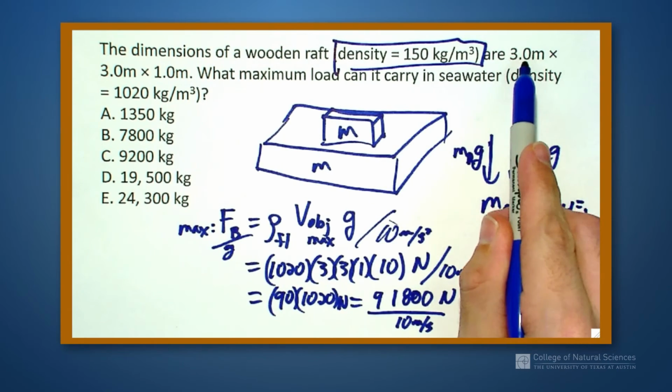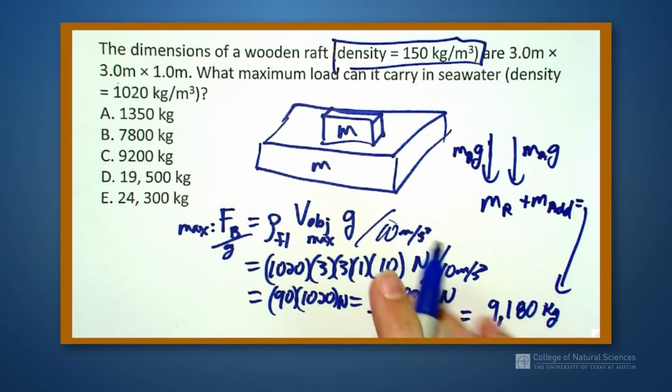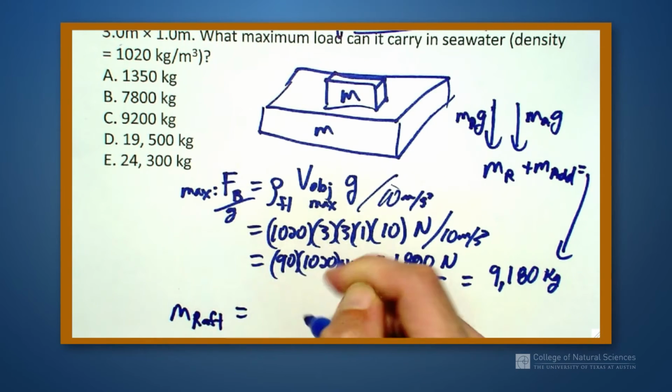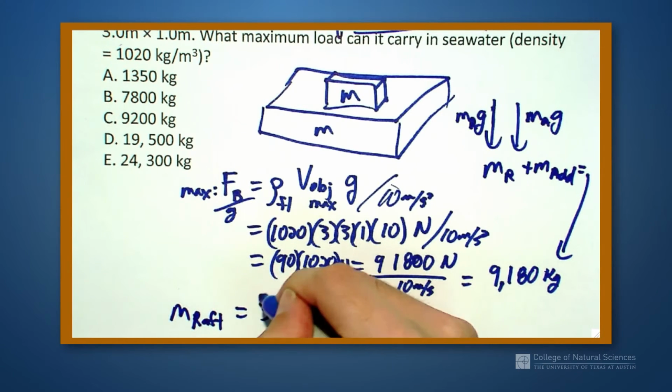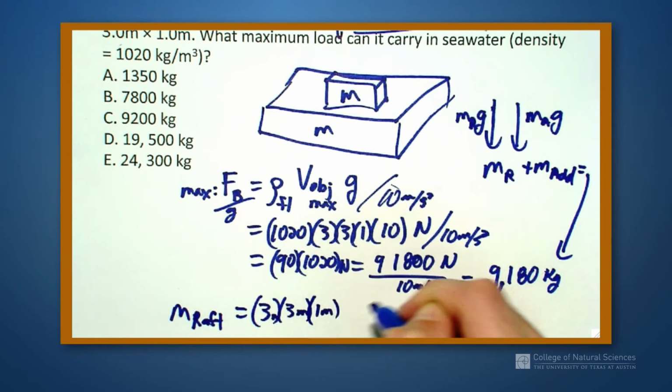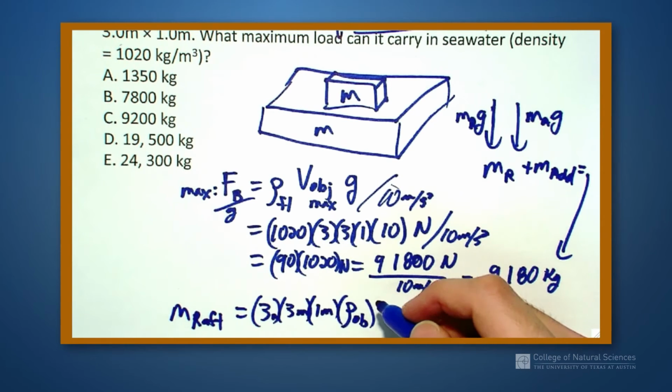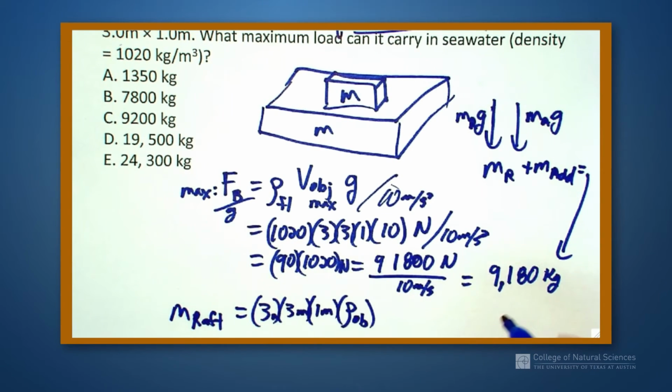Well, the mass of the raft is equal to 3 meters times 3 meters times 1 meter times the density of the object. So using the definition of density, density is the mass per unit volume. I have total mass, I have total volume.